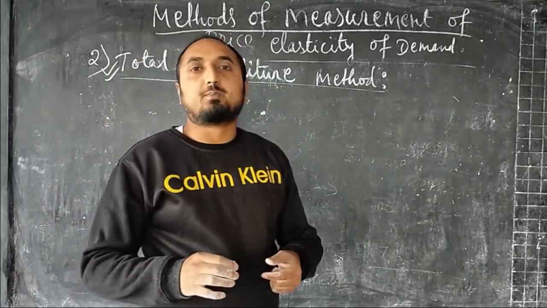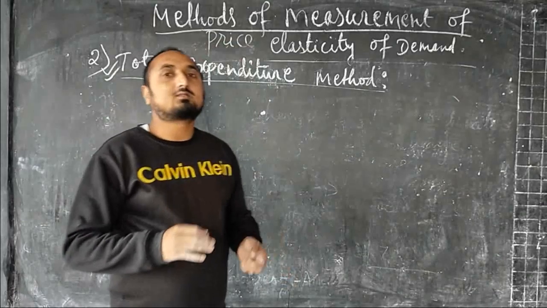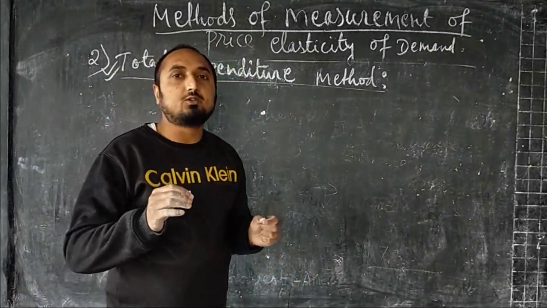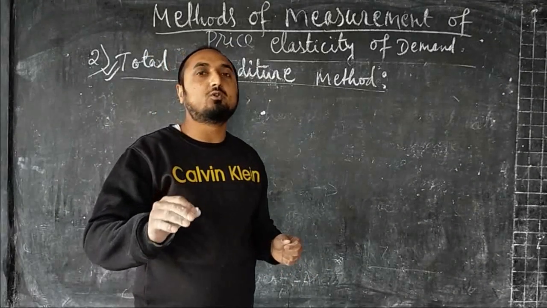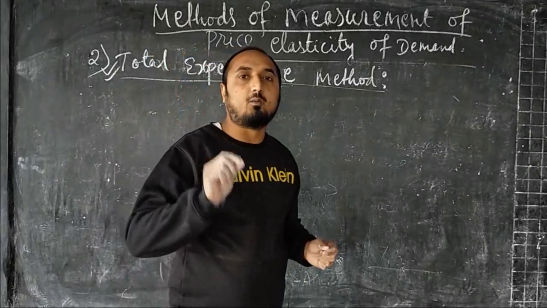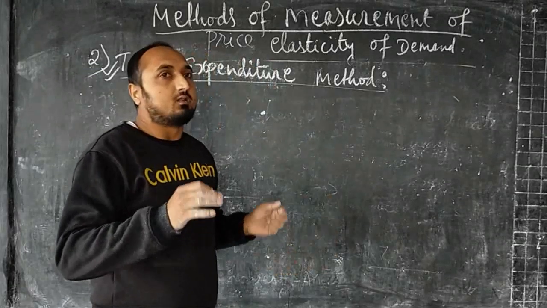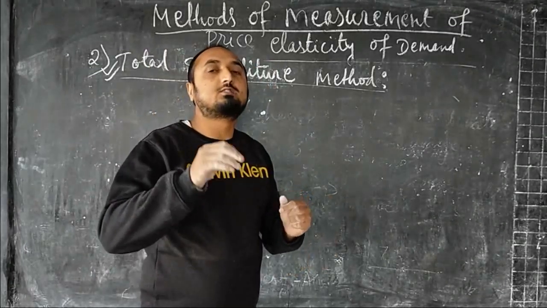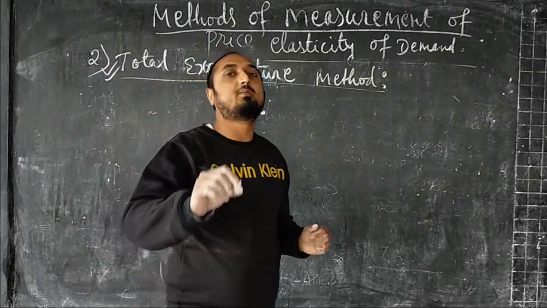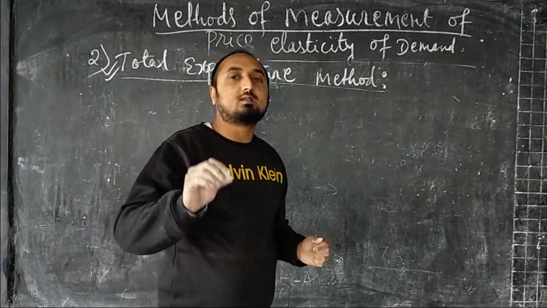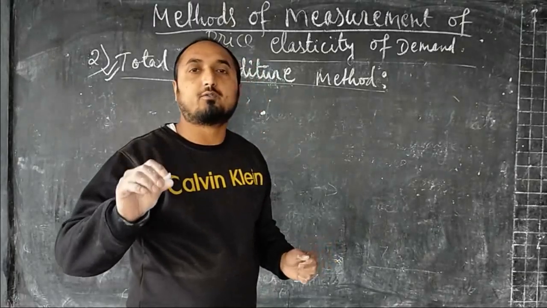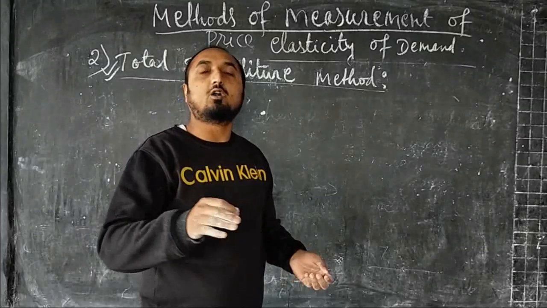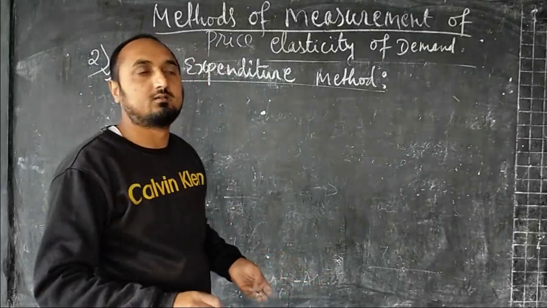According to total expenditure method, the elasticity of demand can be measured by considering the changes in total expenditure due to change in the price of a commodity. So when we compare the changes in the total expenditure before and after the change in the price, then we will be able to know the price elasticity of demand for different goods, whether the demand will be elastic, inelastic or unitary elastic.